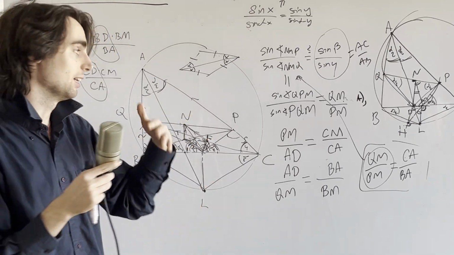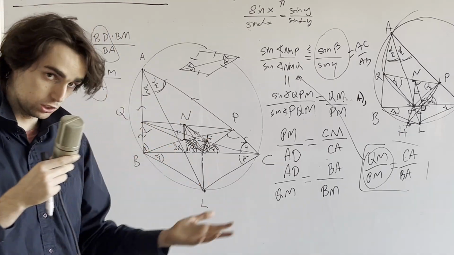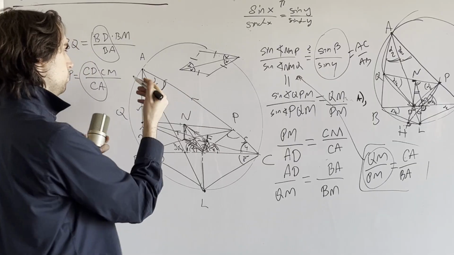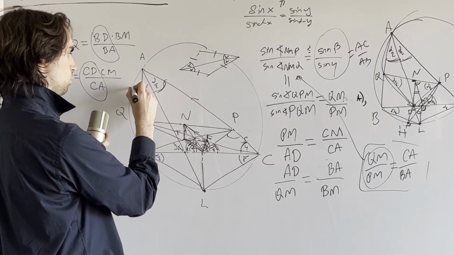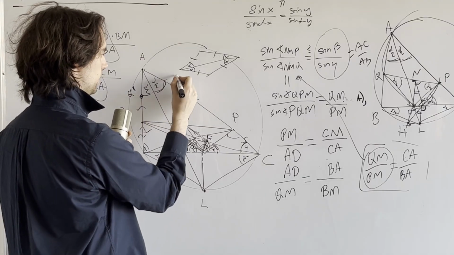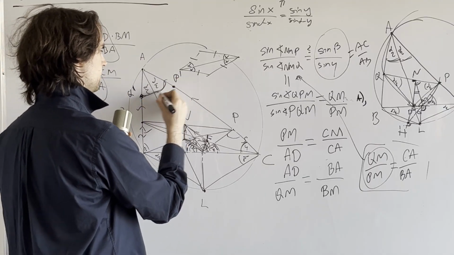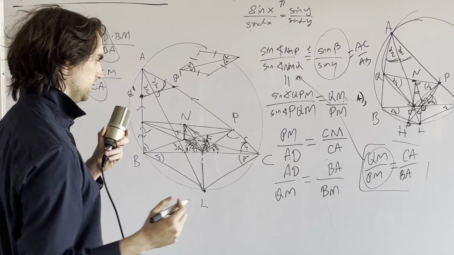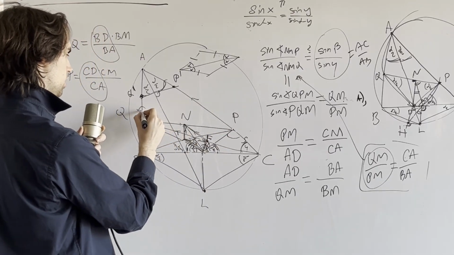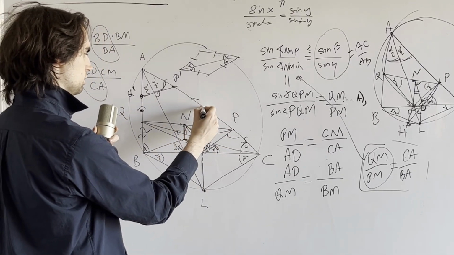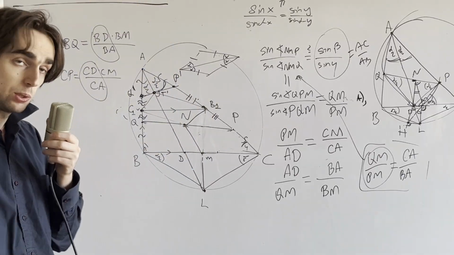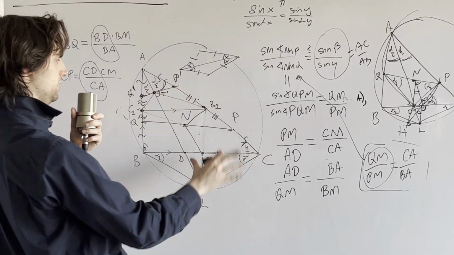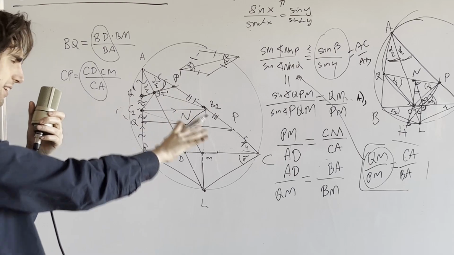That'll give me a lot of midpoints to work with, but also it will help me use this condition. Like if I put this as Q prime, and this thing right here is P prime, I'll have this as perpendicular to this. I'm going to reflect them opposite these midpoints here. And now if I clear this up a bit, we get all of these midpoints, and this is a lot of midpoints.